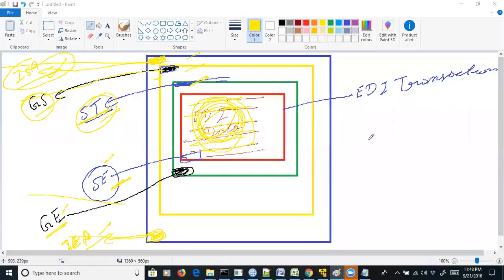Okay, got it, everyone. I hope you understand what is ISA, what is GS, and what is ST, right? So ISA, then GS, and then ST. If you do not have any questions, then we can move on to the next topic.